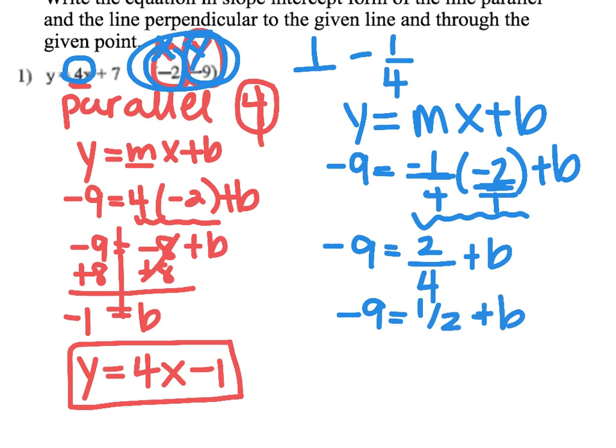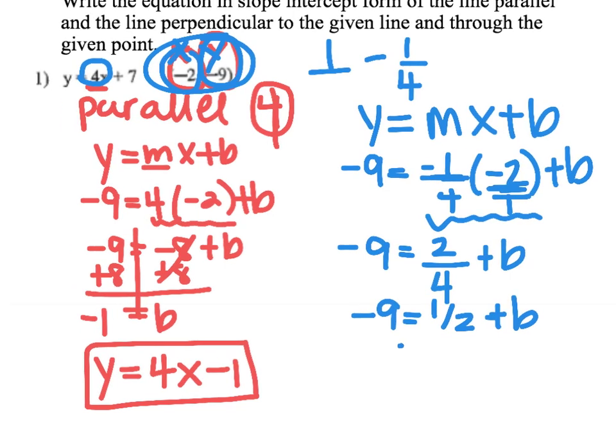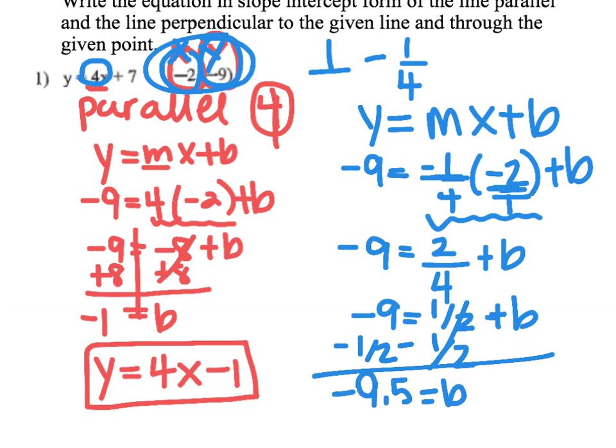You don't necessarily have to reduce since we're still solving, but you can. Okay, subtract 1/2 from both sides. And then get your calculator out and just put in -9 minus 1 divided by 2. And you will get -9.5. And that's fine, we'll leave it that way.